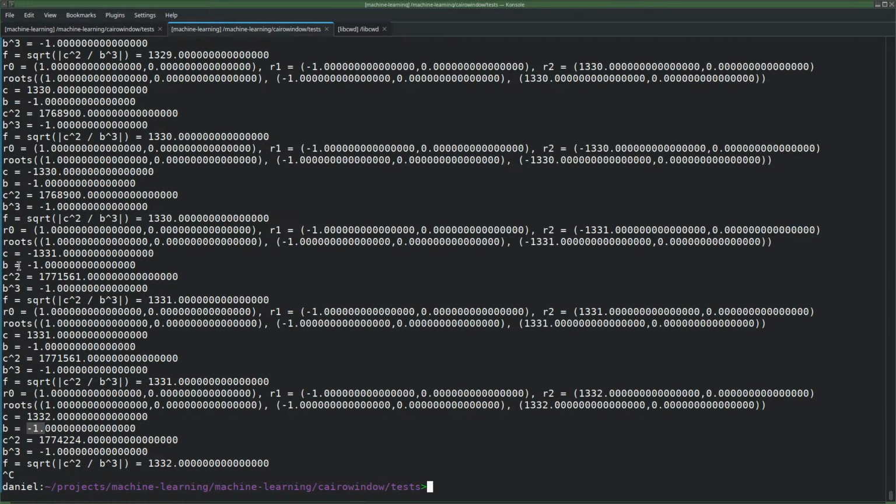So b to the power 3 is very small compared to the c squared. So you get c squared divided by 1 and then the square root of that again, so you just get the value of c here. So that is definitely not less than 0.01 and not even less than 0.1, it's just huge. Complete failure.